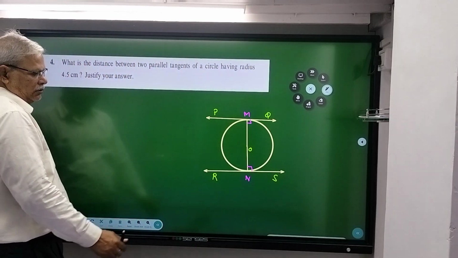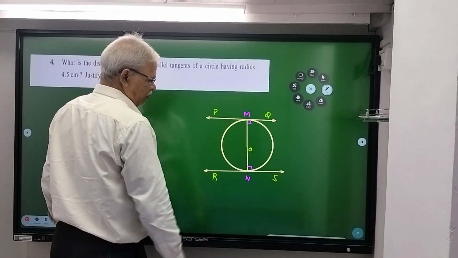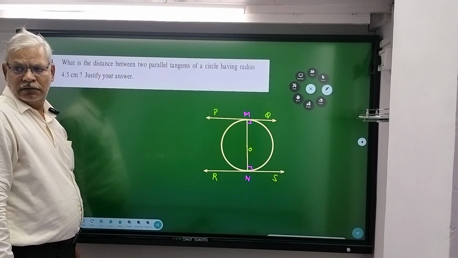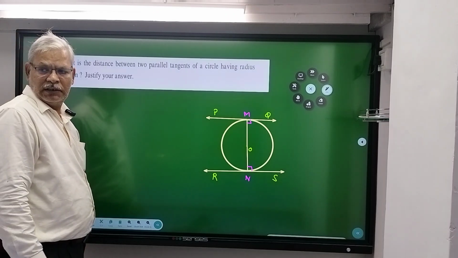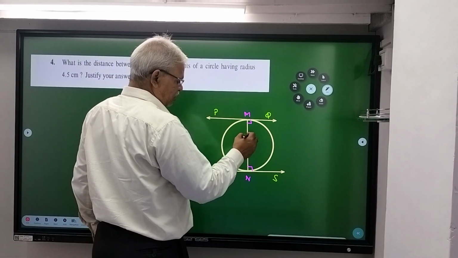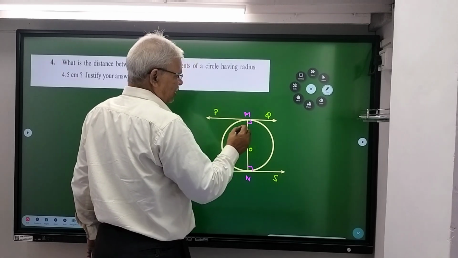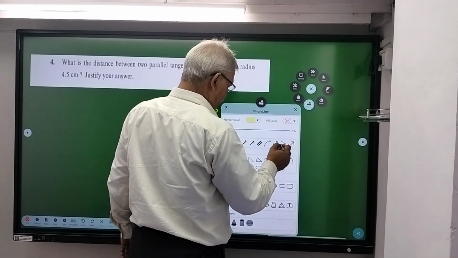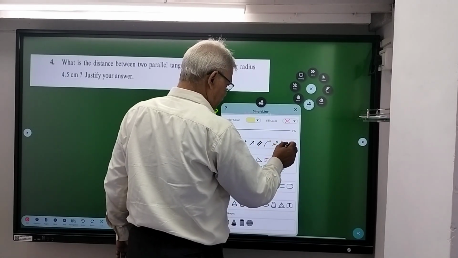Okay? These are perpendicular to the tangent from the tangent theorem.